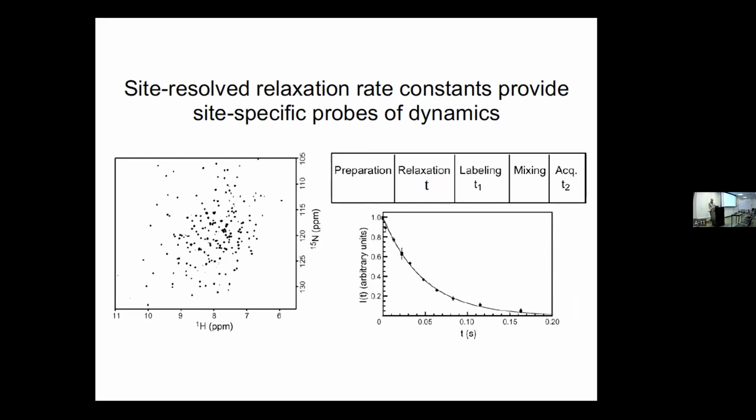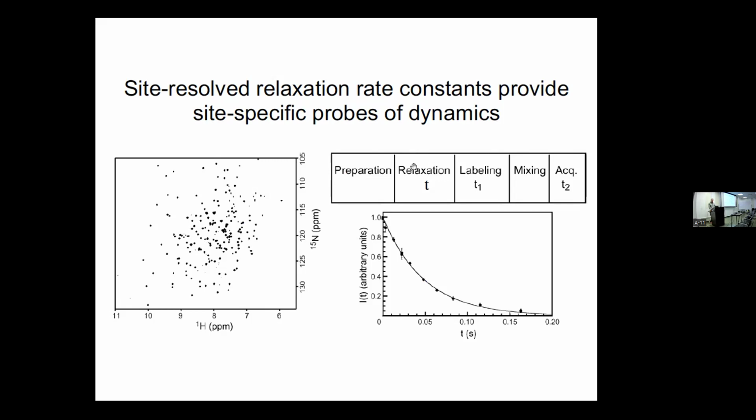When we talked about 2D experiments, we said there was the preparation period, labeling period, mixing, acquisition. And the only thing that's different than most relaxation experiments is there's an initial block put in where the spin system relaxes. And then we record the effect of that relaxation on the ultimate signal.